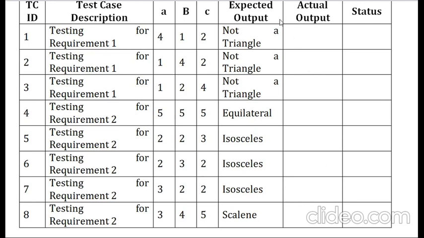If the expected output and the actual output are both the same, then the status is pass. If the expected output and actual output are different, the status is failure. In almost all software testing programs, definitely every status will be pass. After execution we can fill the actual output column and the status column.